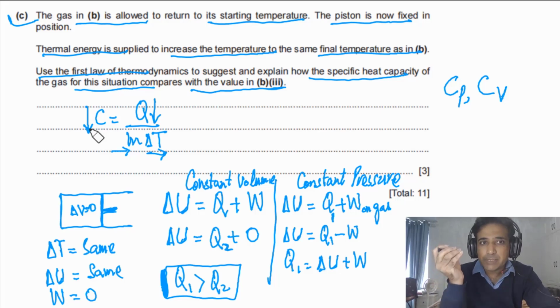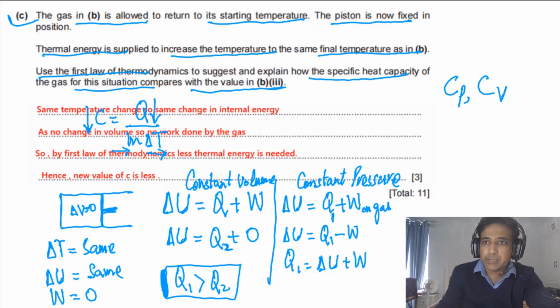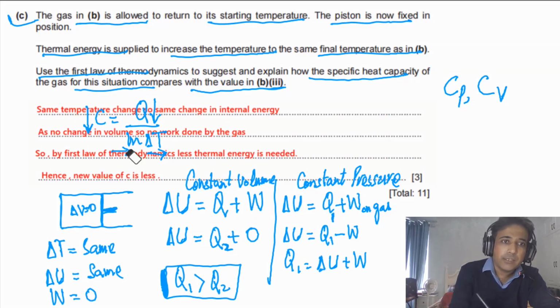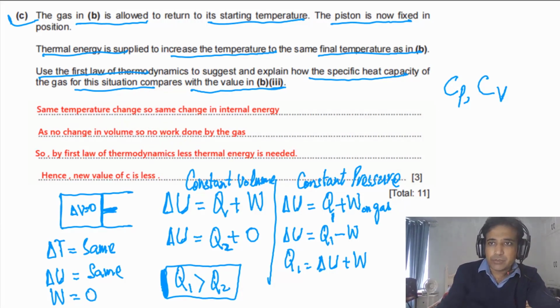I hope this makes sense. Now let's try to write down the answer. In the answer we can mention these points. So simply we can say same temperature change, so same change in internal energy, as we have mentioned here.